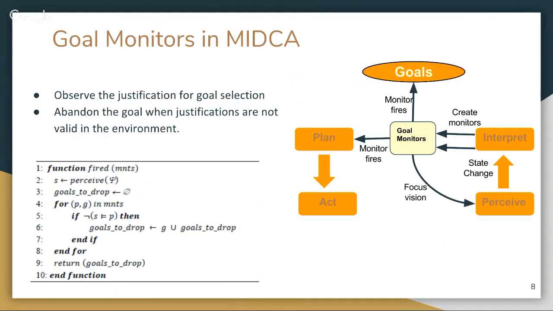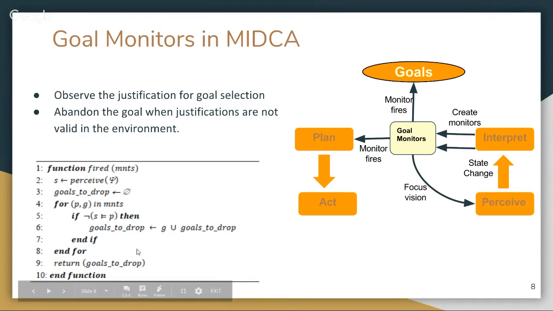These monitors specify what to monitor in the state, and if any change happens to them, the monitor fires and removes the goal from the set of goals. Also, if it is in the middle of planning, it notifies the planner, so the planner doesn't need to generate a plan for that specific goal.